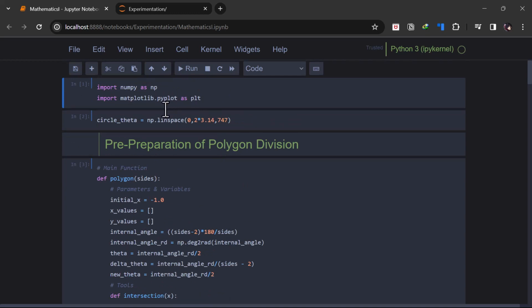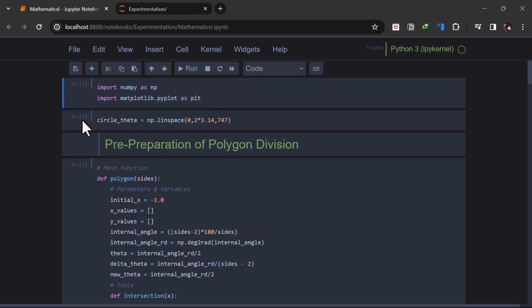NumPy obviously is a very important library for scientific computation purposes, so NumPy is a must, and matplotlib for using its plot function, so that we can plot. So matplotlib is the plotting library, visualization library, I'm sorry, that we'll be using.